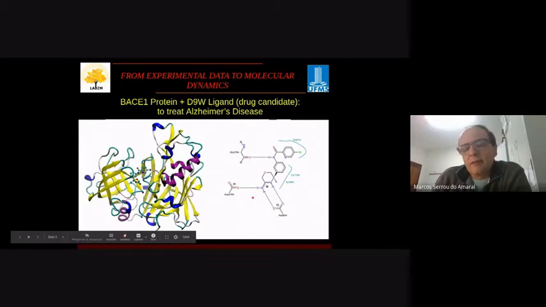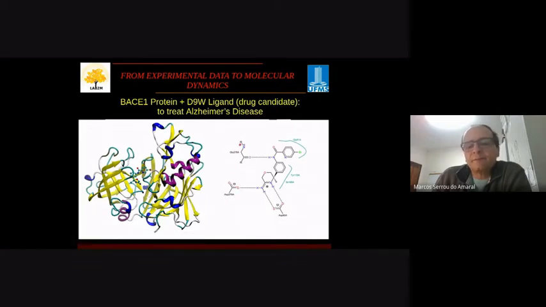This is really important. Here you have aspartic acid, and on the left here you also have aspartic acid, and we have some residues from the protein here and here. In the middle you have our ligand.